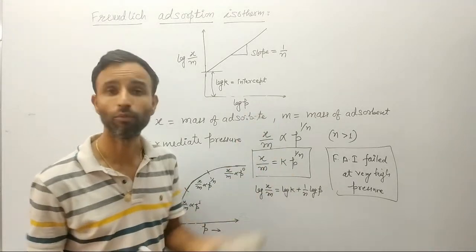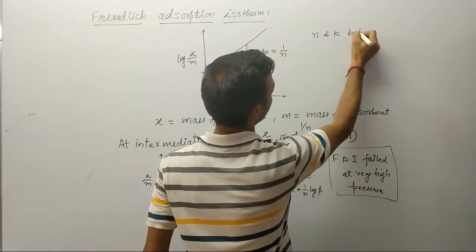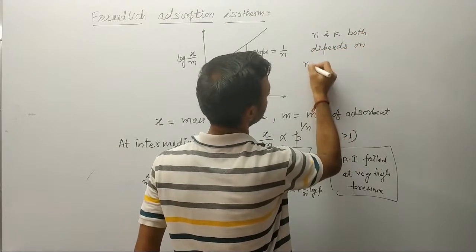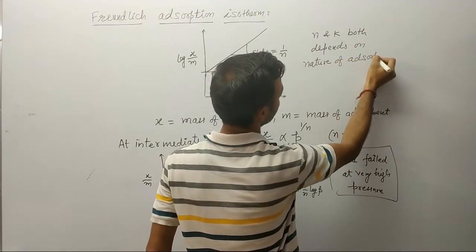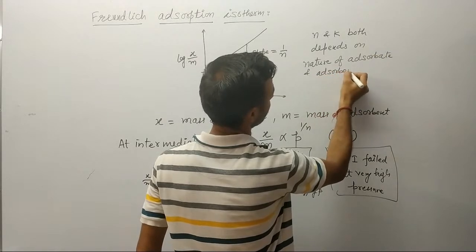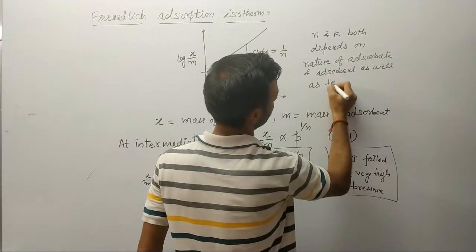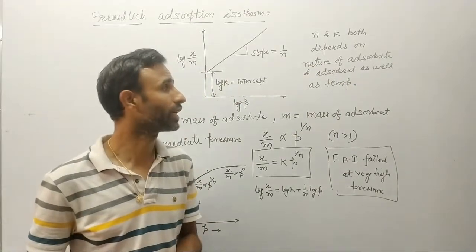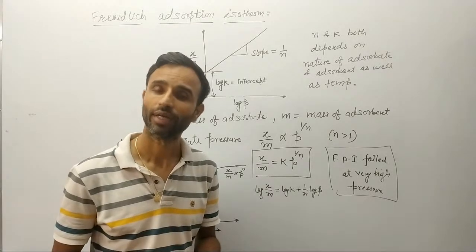That means from the slope we can calculate n. And n and k both depend on the nature of adsorbate and adsorbent as well as on temperature.